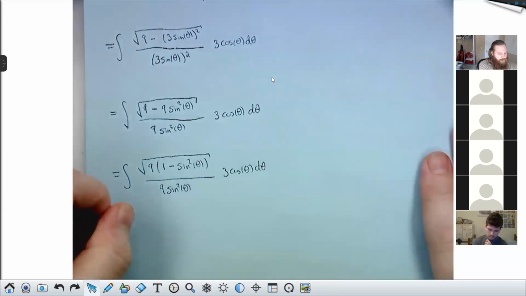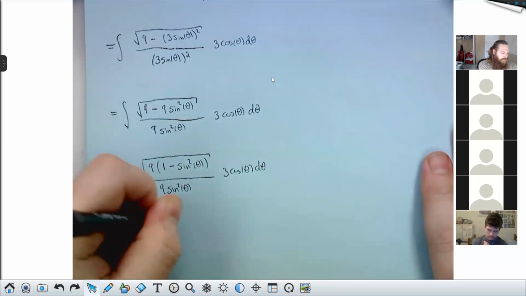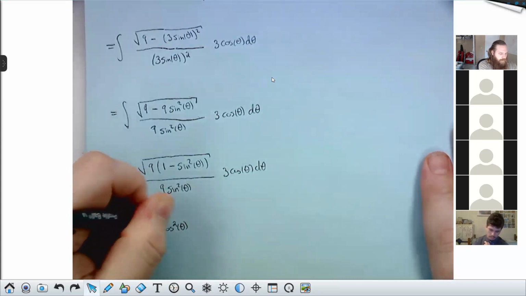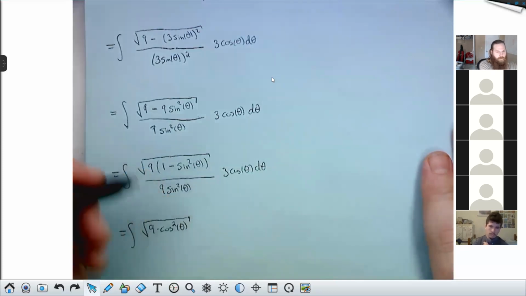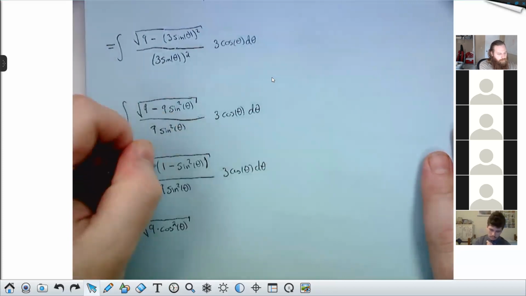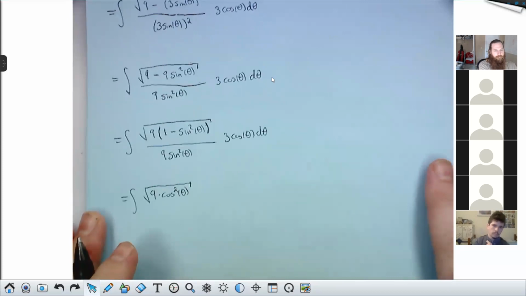1 minus sine squared, that's cos squared. So under my root is 9 cos squared theta. And the miracle of all this is that now there is no more addition or subtraction under my root. I was able to get rid of the addition and subtraction using this Pythagorean identity.